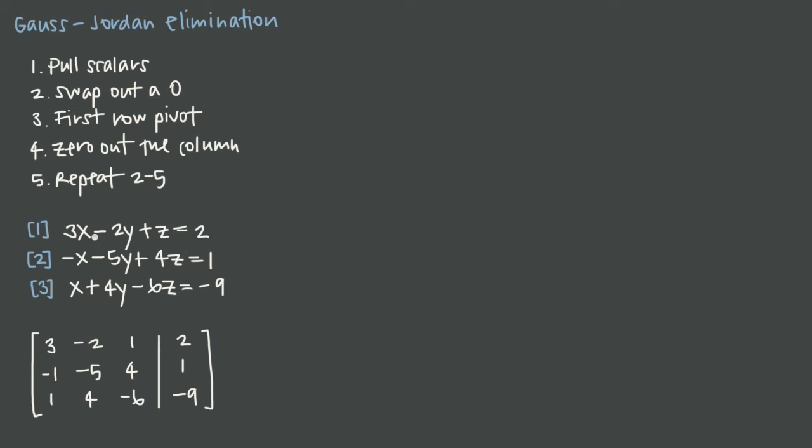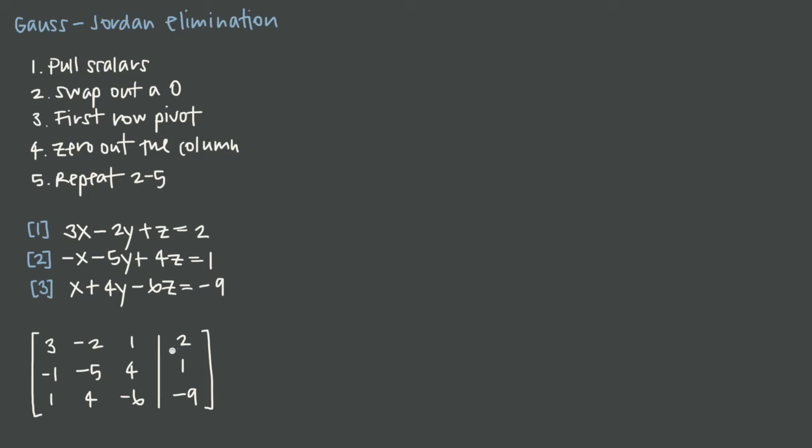So we have the coefficients on x, 3, -1, and 1 down the first column, the coefficients on y, -2, -5, and 4 down the second column, and the coefficients on z, 1, 4, and -6 down the third column, plus the constants from the right-hand side, 2, 1, and -9 over here on the right side of the matrix, and we've got this augmented matrix here. So we're going to go through this Gauss Jordan elimination process to see how we can transform this matrix into reduced row echelon form.